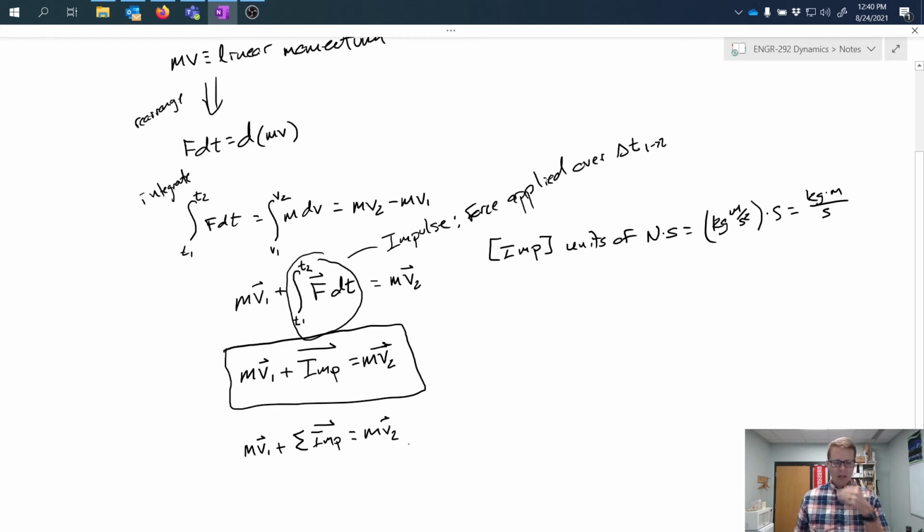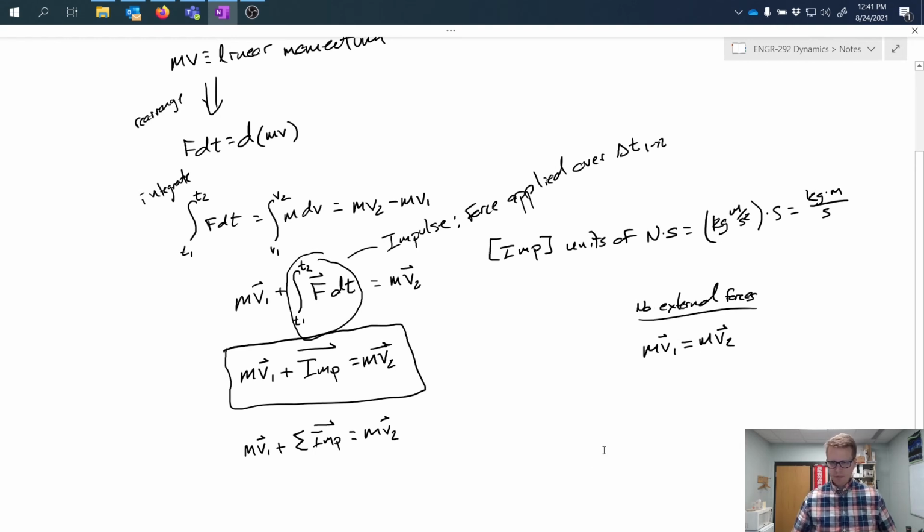Now, if we have no external forces acting, then we very easily can see that we would have mv1 equals mv2, which is basically just conservation of momentum. If there's nothing acting on the system, then momentum has to be conserved, and we can evaluate that over a range of things.